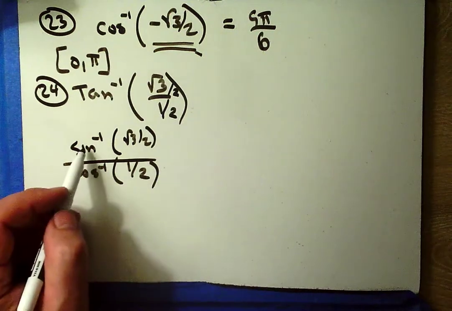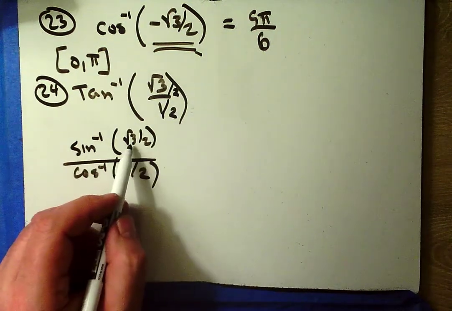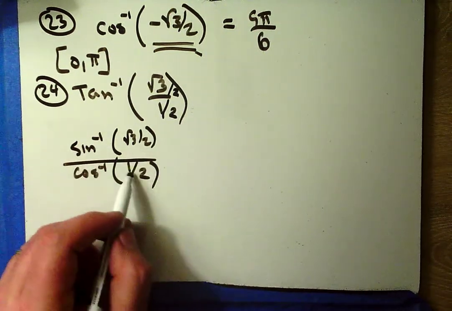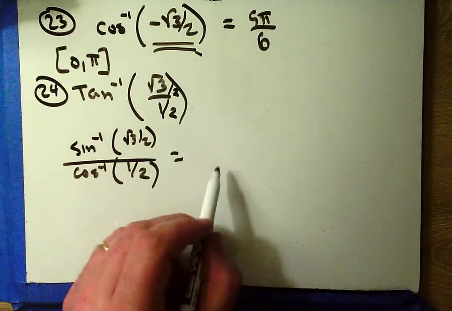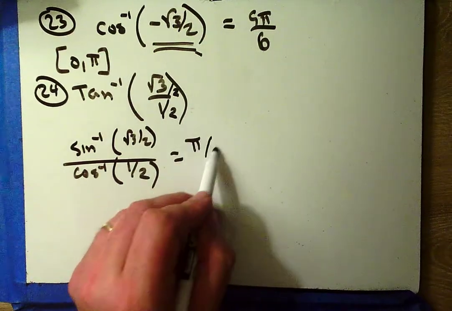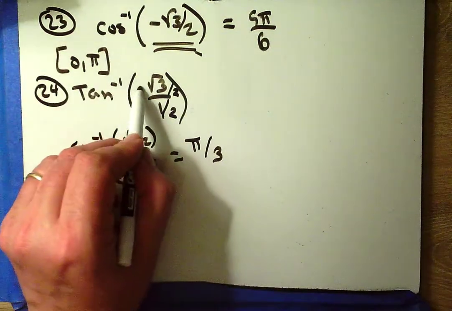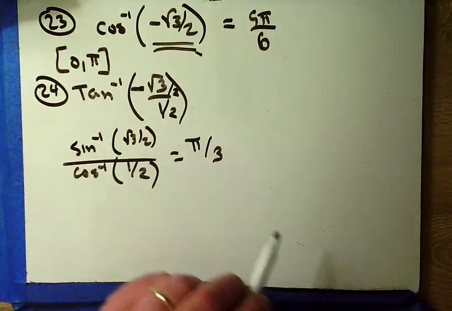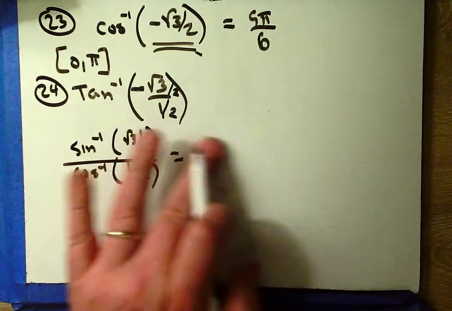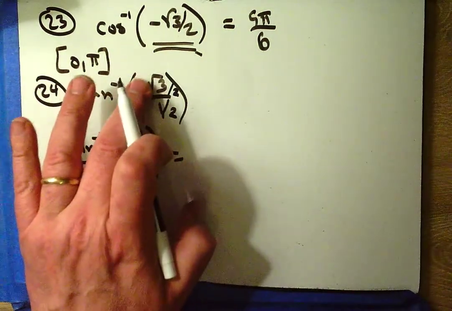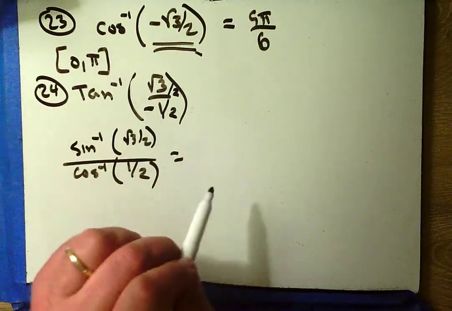So what angle has root 3 over 2 for the upness and 1/2 for the overness? And the answer is pi over 3 does. Except this is negative. So what am I supposed to do with that? Does the negative have to go on the top, or can the negative go on the bottom?